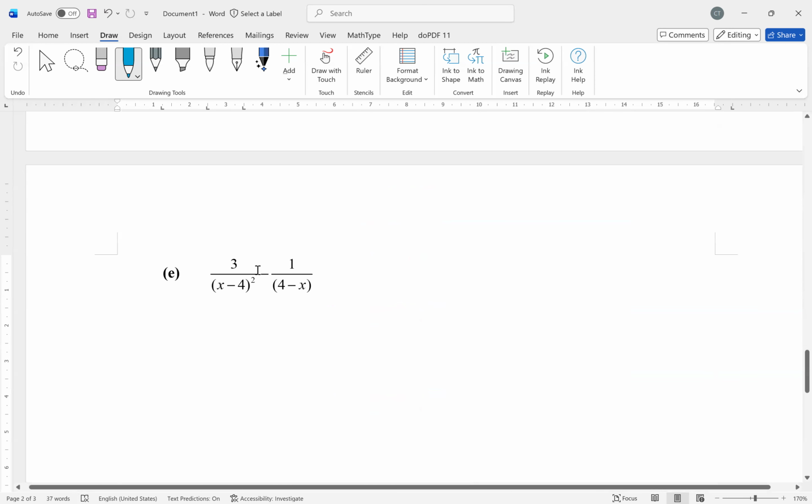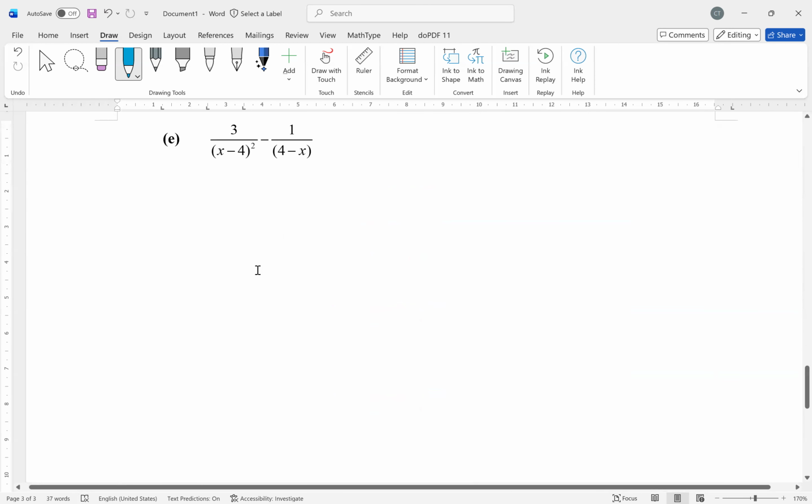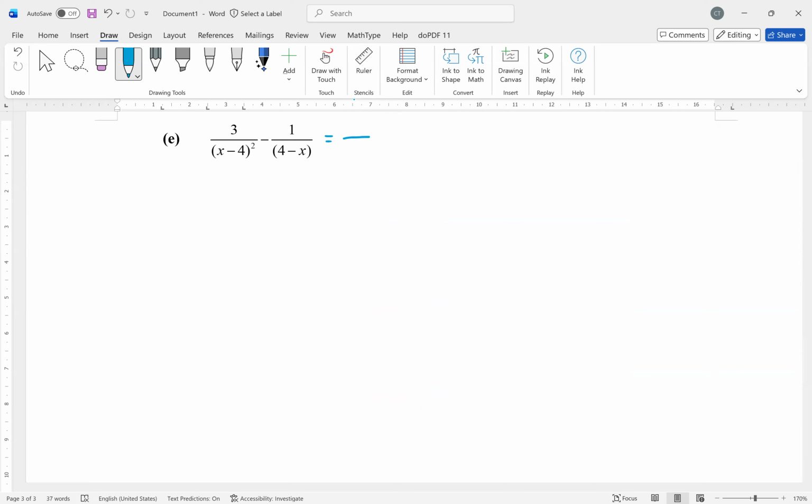One last question. Over here for question part E, the denominator is x minus 4 squared. Let me divide it first. As we know, x minus 4 squared will be x minus 4 times x minus 4, right? For the second term, you notice that the denominator is 4 minus x.